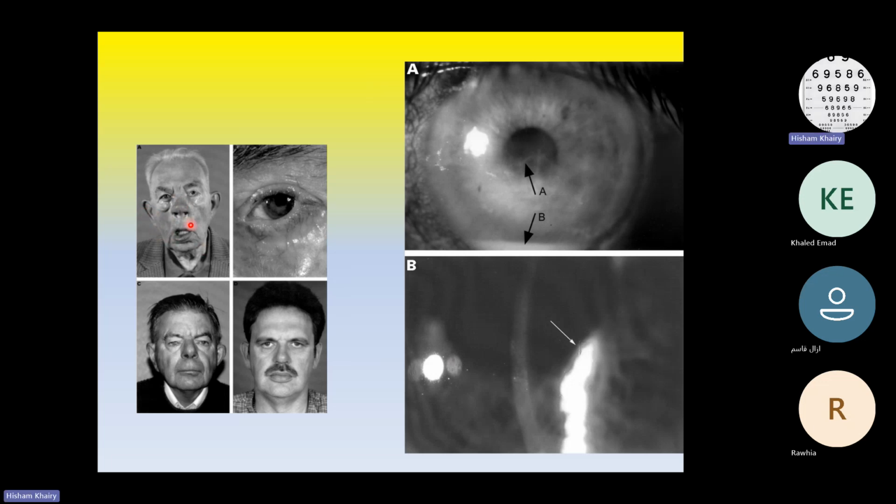The patient may have, due to amyloidosis, facial paralysis, which may be bilateral. And this patient had a tarsorrhaphy done for exposure keratopathy. There may be complications.